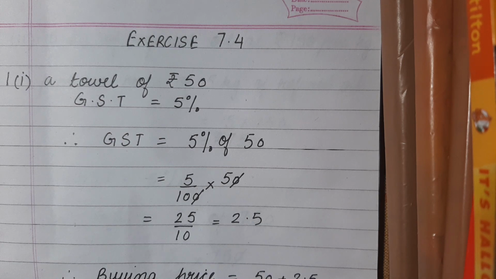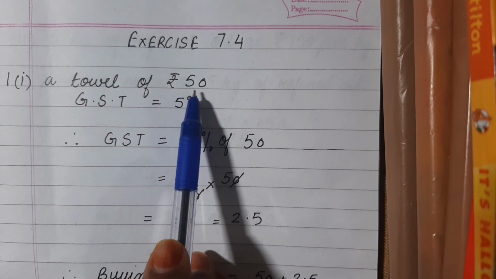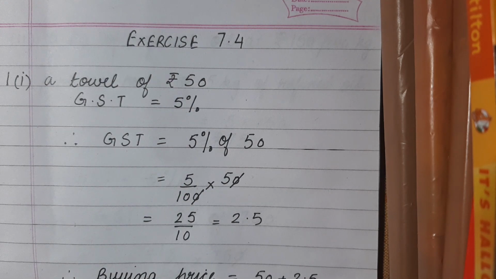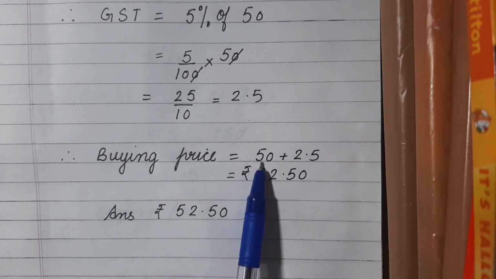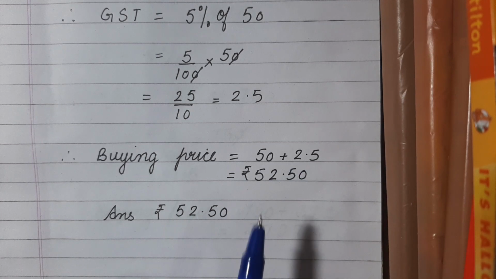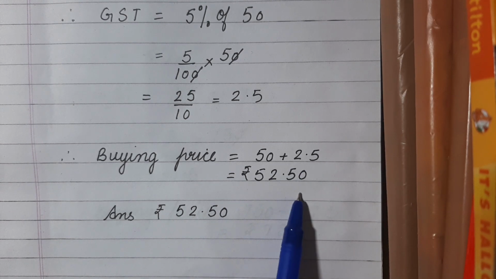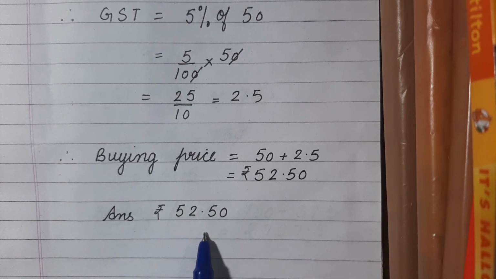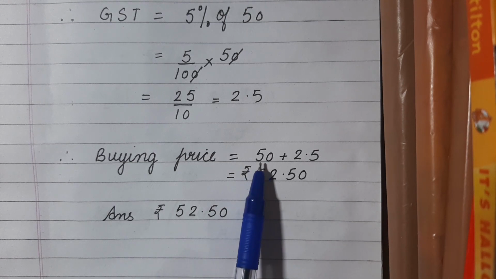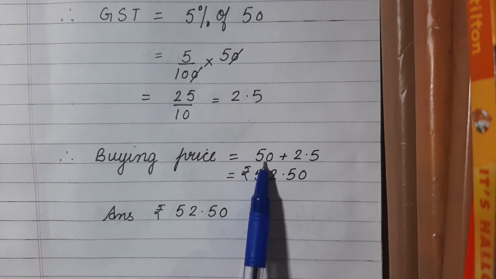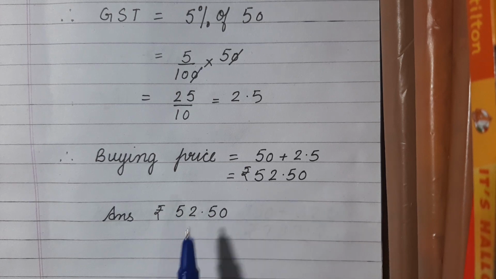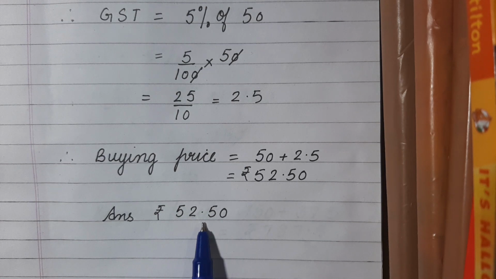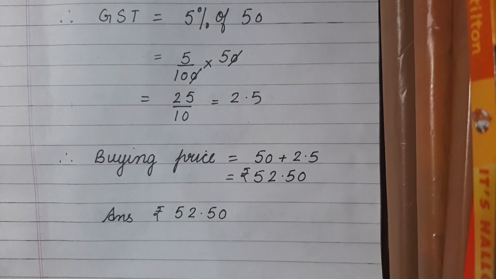Now the buying price will be the cost 50 plus the GST 2.5, that is 52.50. Without GST the price is 50, and when we add the tax of 2.5 we get 52.50. Therefore the total cost will be 52.50.